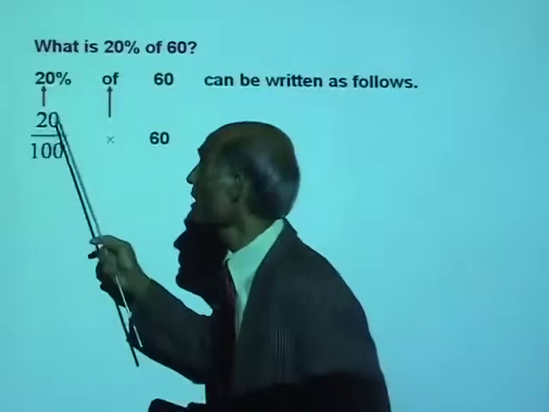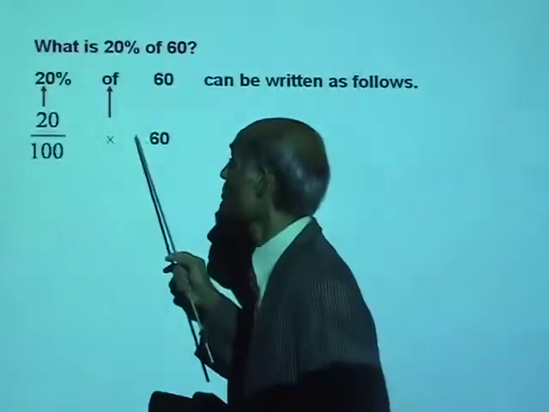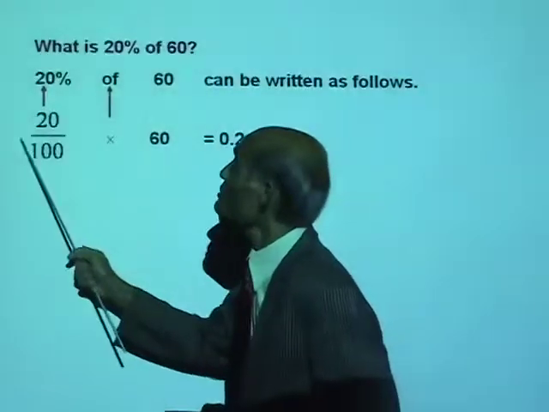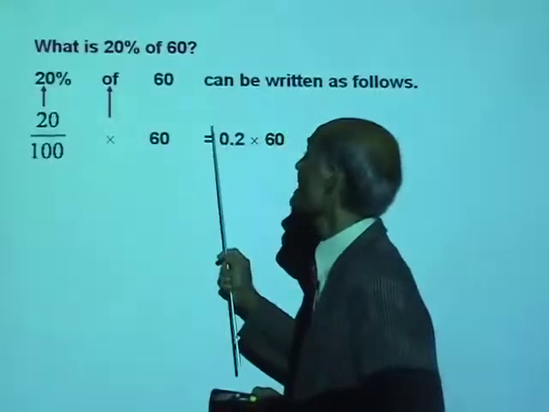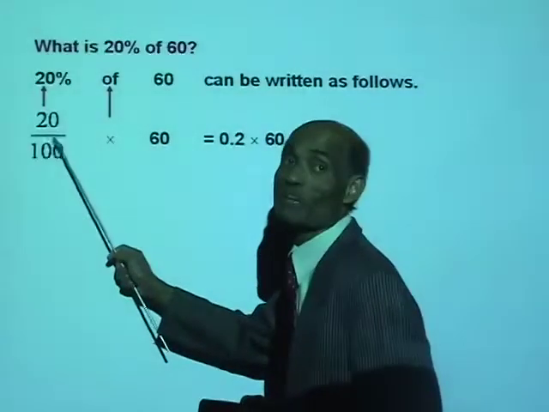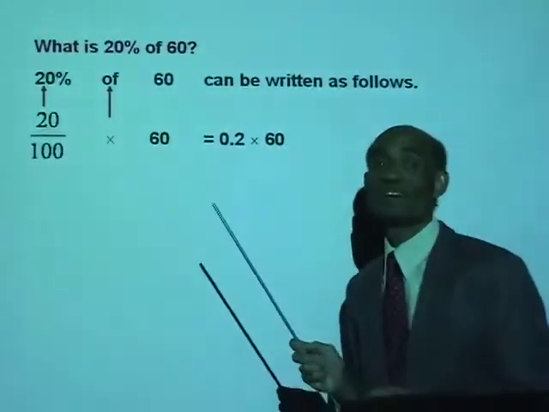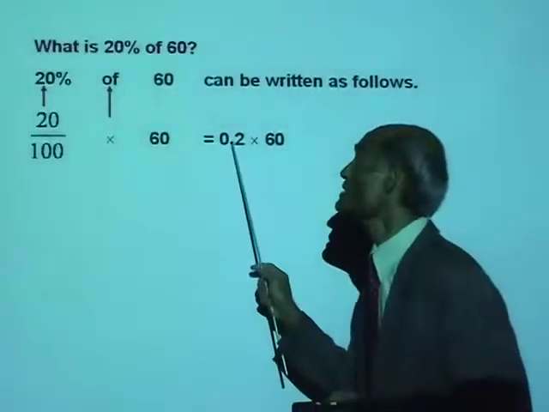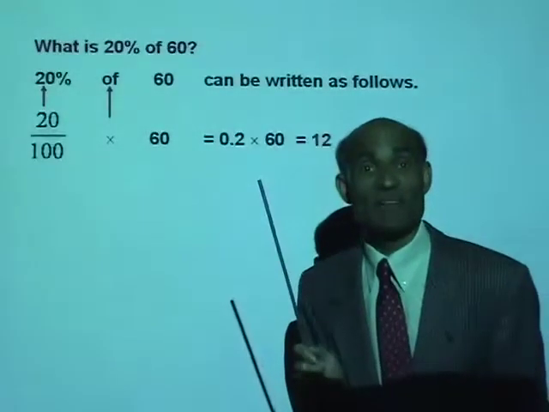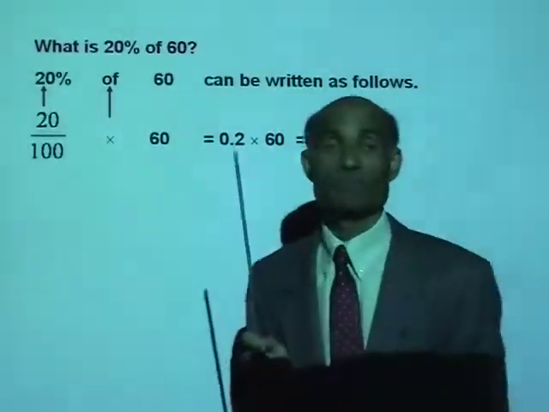So obviously it means 20 divided by 100 multiplied by 60. And 20 divided by 100 is 0.2. Therefore, that will be 0.2 multiplied by 60. Can you do that for me? What is 0.2 multiplied by 60? That is 12. I hope you know how to do this simple multiplication.